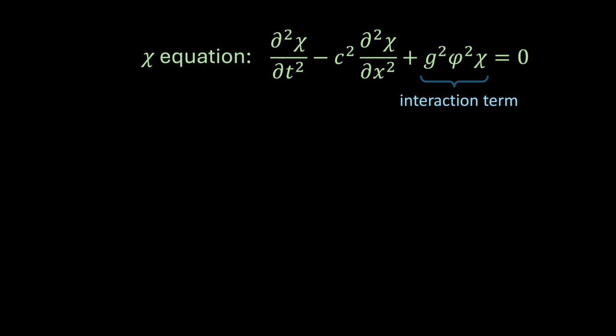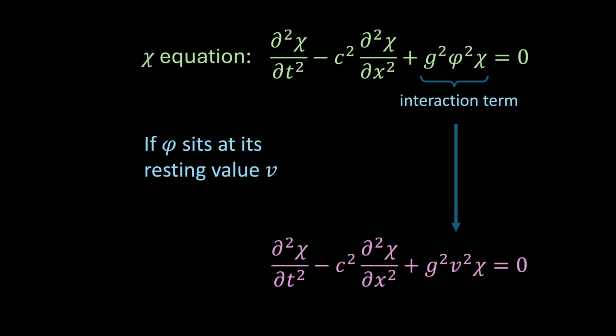Okay, so let's now see what this does to our coupled equations. Recall that Chi's equation of motion included the interaction term g squared phi squared chi. Now, if phi sits at its resting value v, then this interaction term becomes g squared v squared chi, where v is a constant.